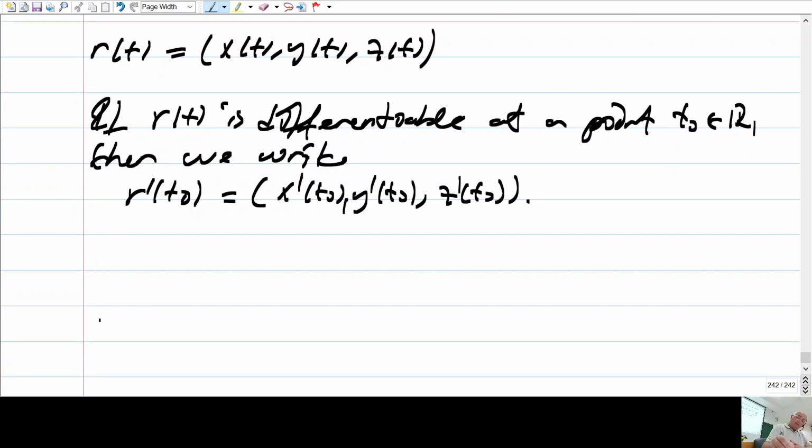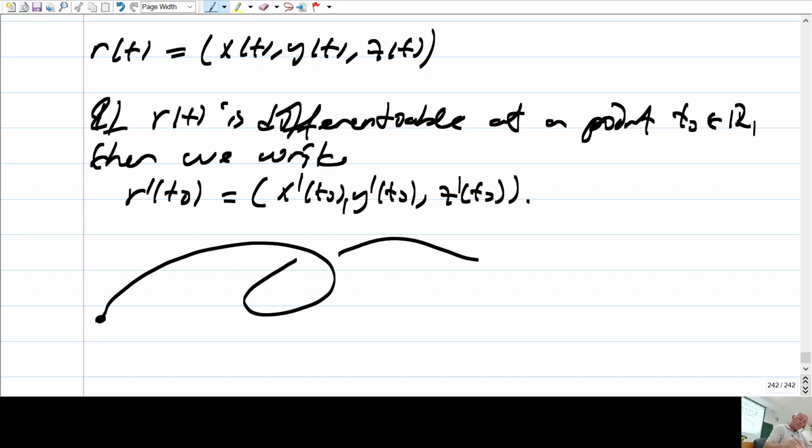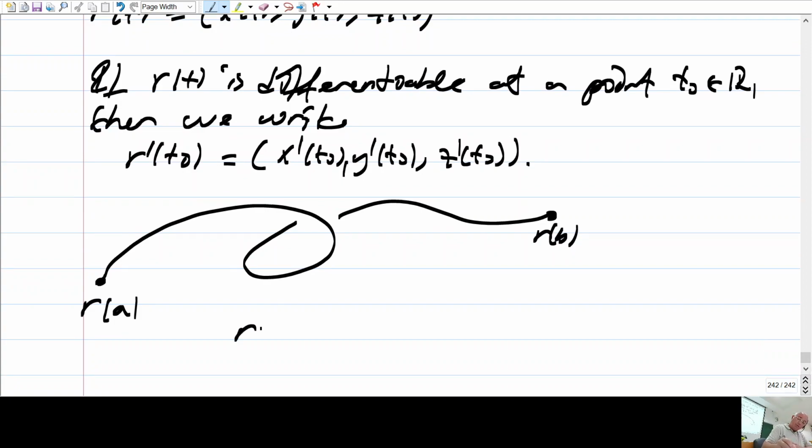So this is a space curve, something like this, okay? Let's say this is r(a) and this is r(b). Suppose r is a space curve like this.